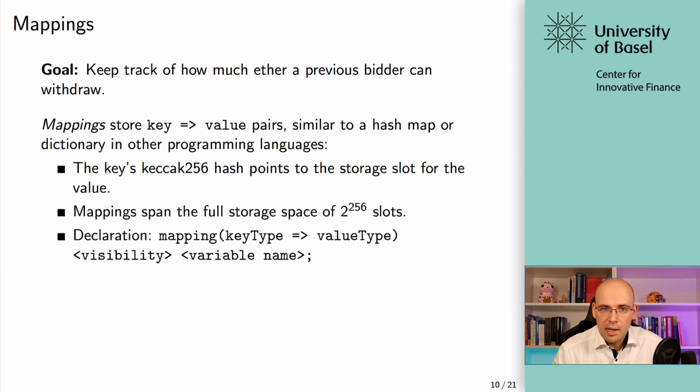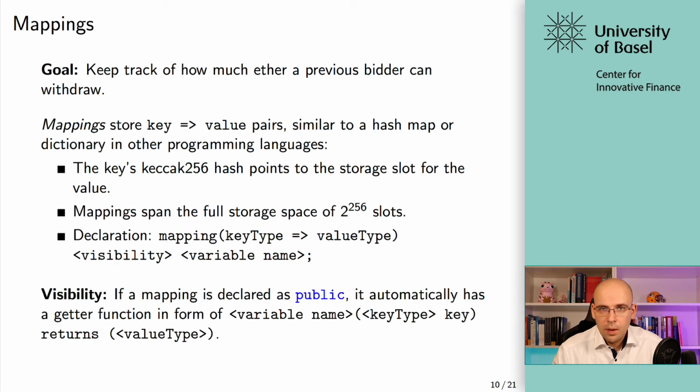So the way you declare it is you're saying it's a mapping, you have the key type, and then this little arrow symbol right here, which is just an equal and a greater than sign, and you assign it to a value type. You have the visibility, we will set it to public later on, then the variable name. Now, as always, when you are declaring it as public, then of course Solidity in the background will create one of these getter functions.